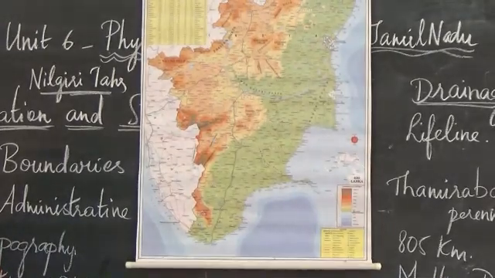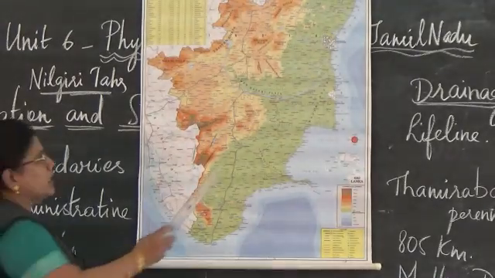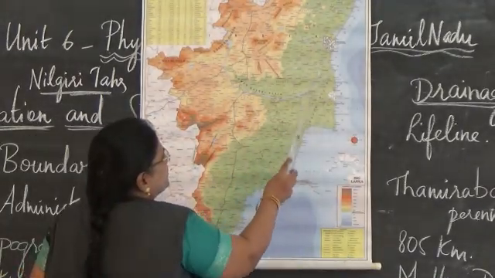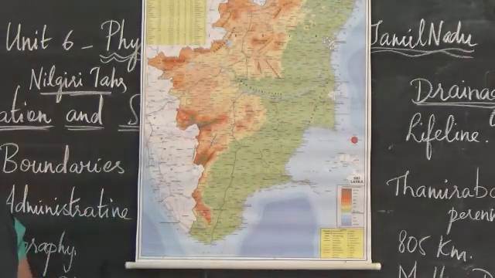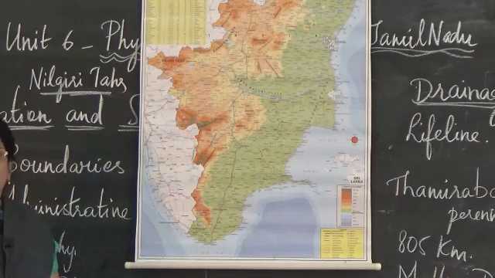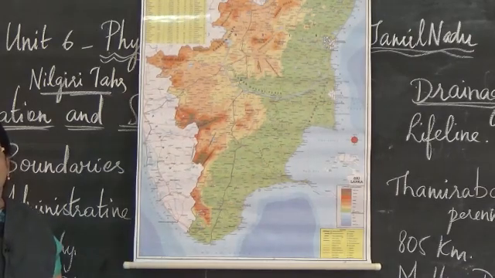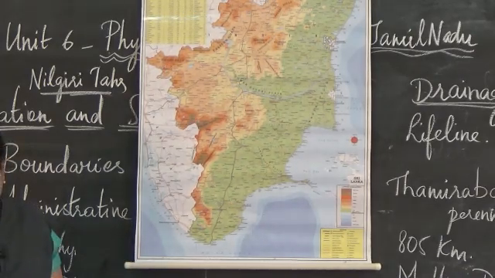After Kallanai, the river breaks into a number of tributaries, and all these join together and form the delta region.